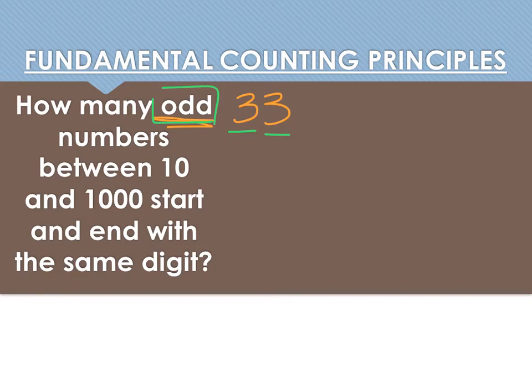And that is a, it's got a tens place. It's got a ones place. We also have a number like 313, where it starts with the same, ends with the same, but it's a 3-digit number.